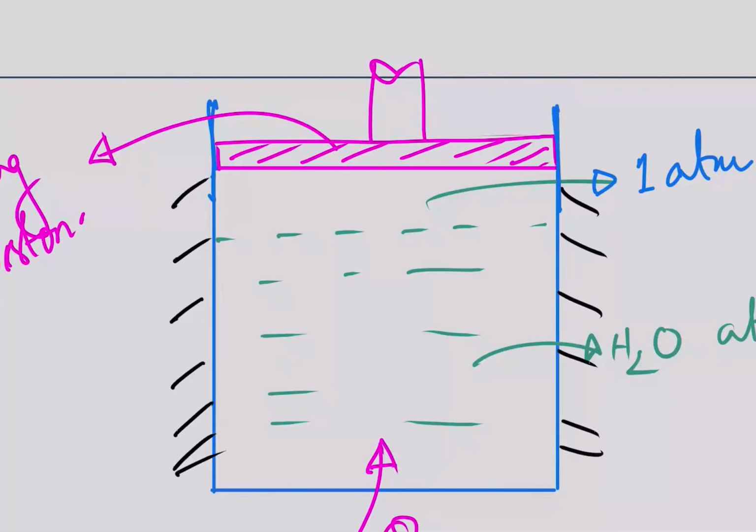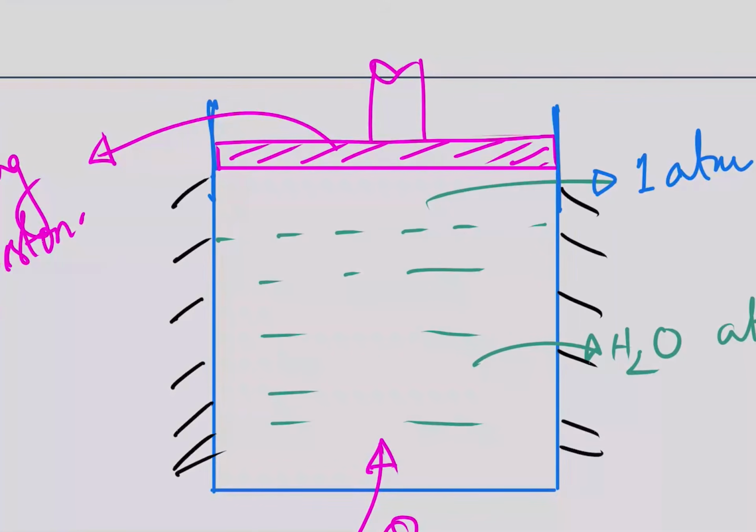The graph will be like the previous case, the first case, in which the boiling was occurring at 100 degrees Celsius, because in this process there will be isobaric heat addition, so the saturation pressure will remain constant, and due to which the saturation temperature will also be 100 degrees Celsius, if we assume the process is quasi-static.